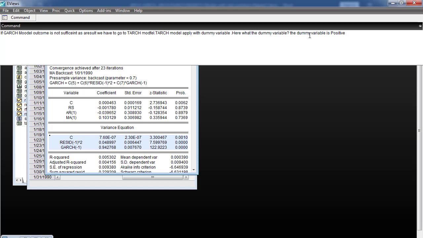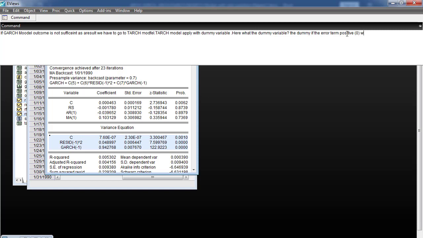If the error term is positive, which is good news, it is given the value 0.